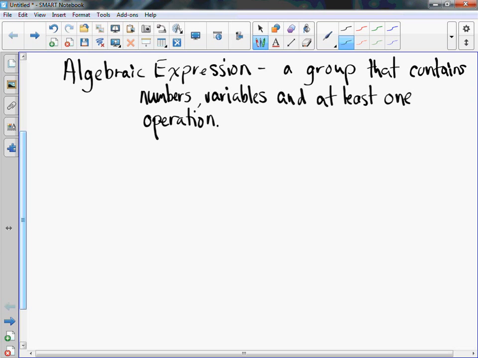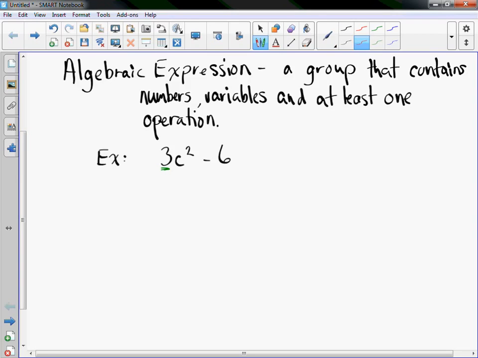And let's write an example of an algebraic expression up here. So example, 3c squared minus 6. It's an algebraic expression. Okay? It has a number.